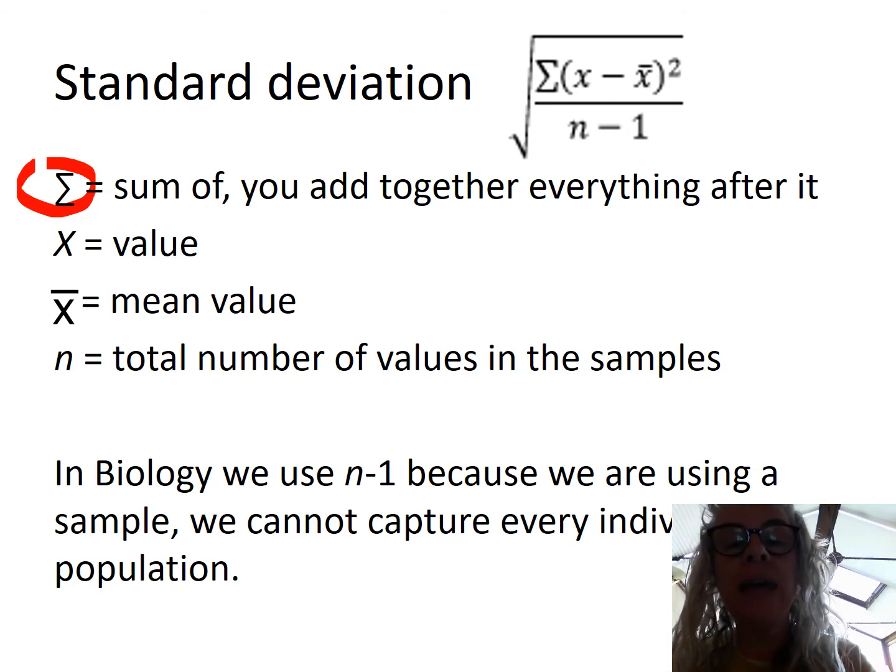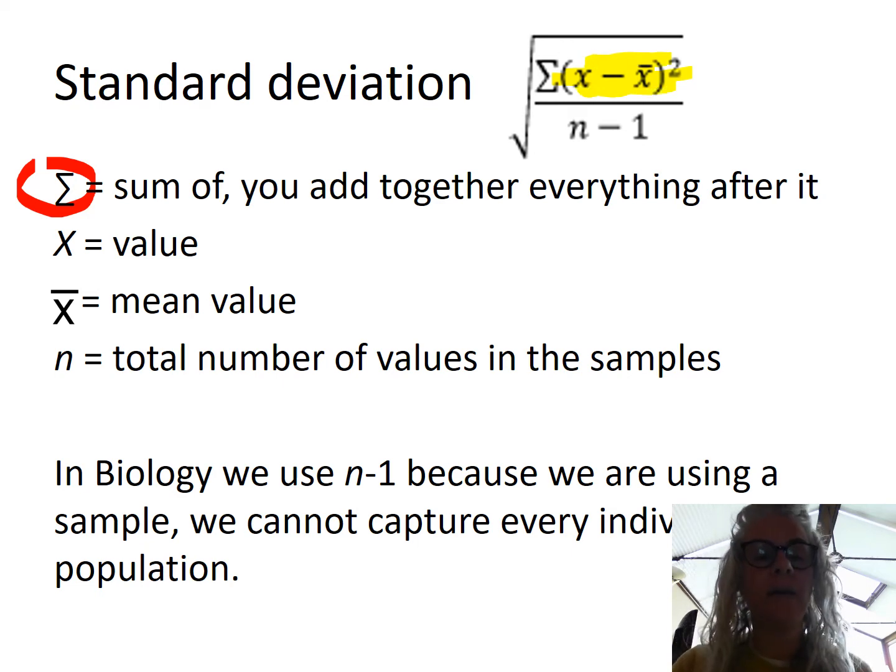Now you can see here, let me see if I can highlight this. The only things you're adding up are these, what comes after it. So you're adding up these. Now those are the value minus the mean value.